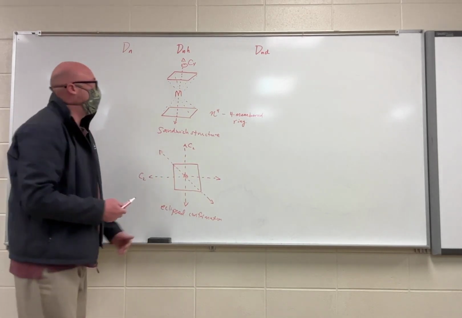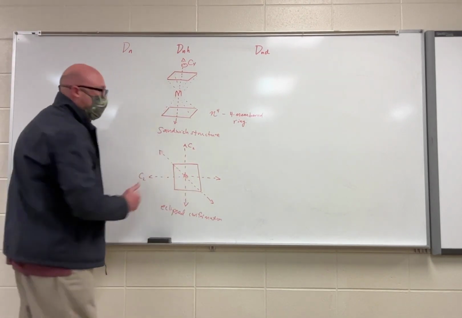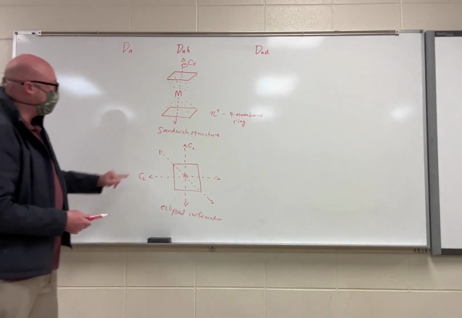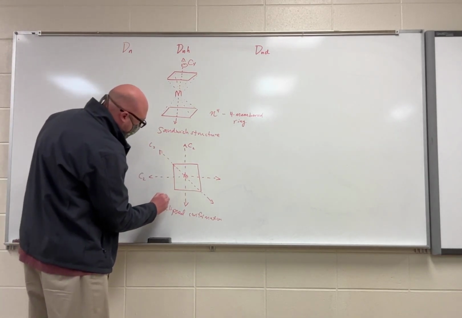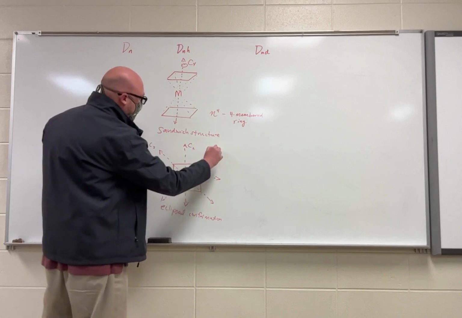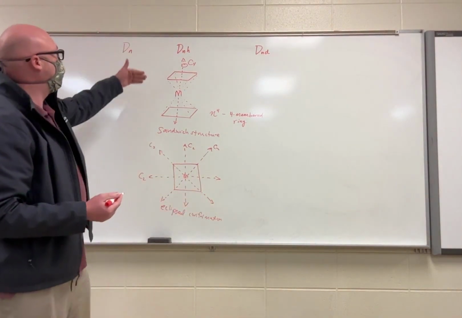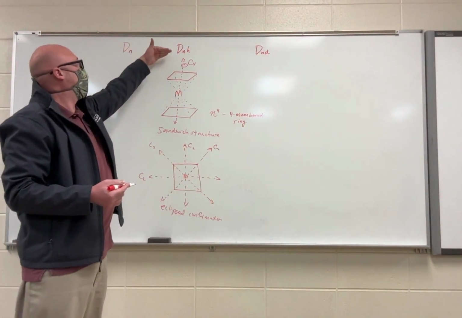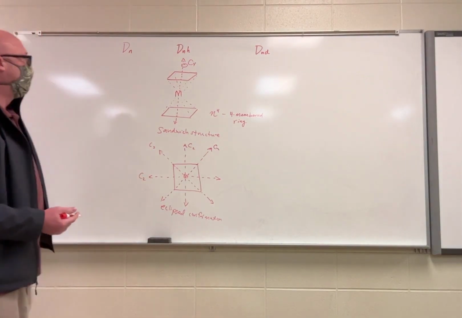And then again, the C4 operation, by performing a 90-degree rotation about the C4, generates the second C2 of this class, which goes like this. So now we've identified the four C2 axes perpendicular to the C4, which by definition makes this a Dn or a D4 type of group.